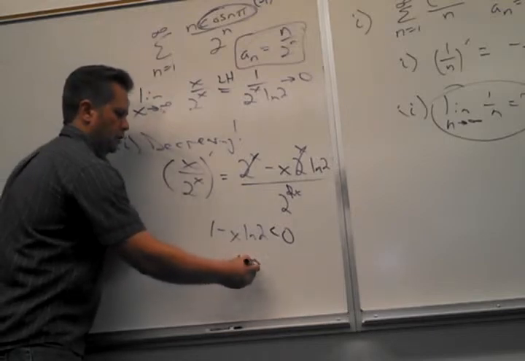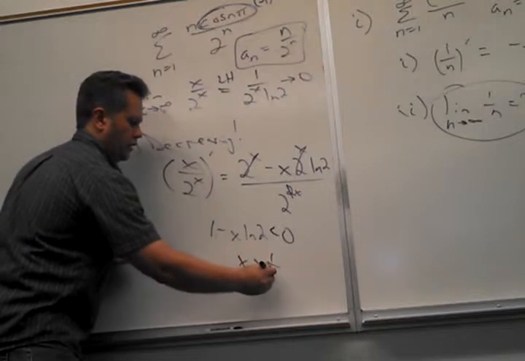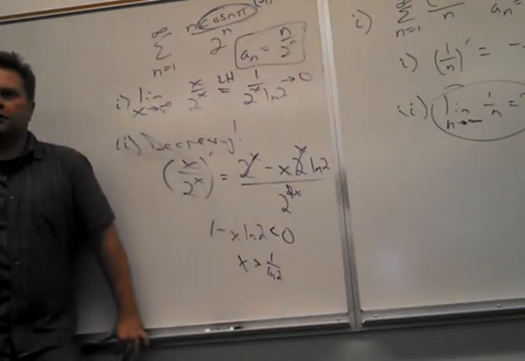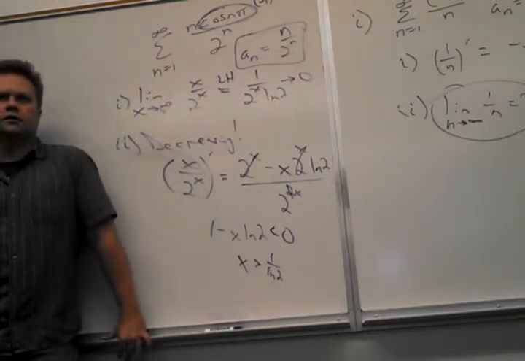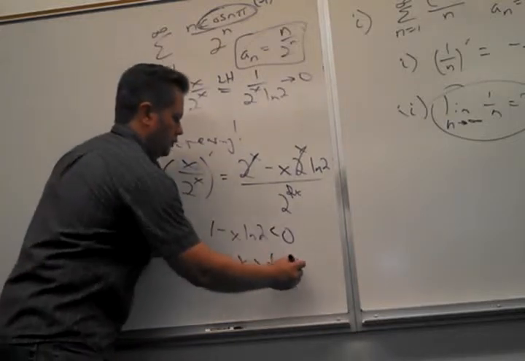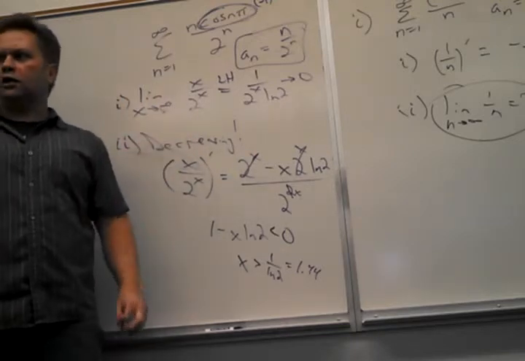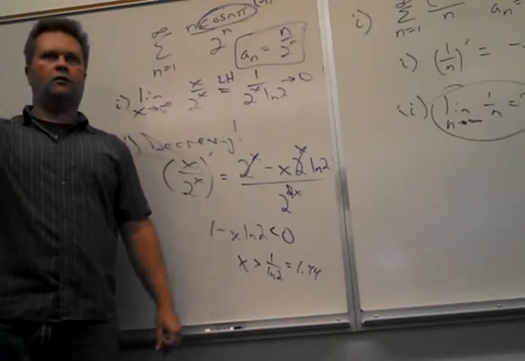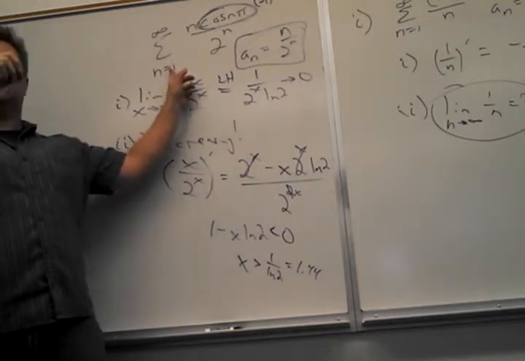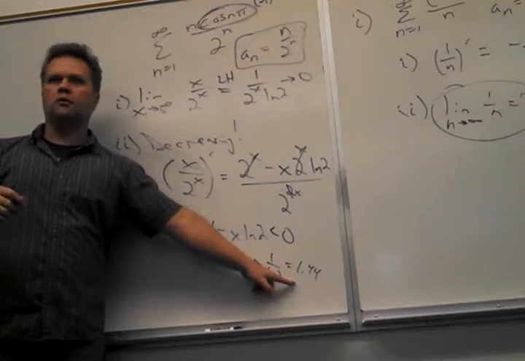So x has got to be bigger than 1 over ln 2. And what is 1 divided by the natural log of 2? Somebody help me out. 1.44? Cool, 1.44. So all it needs to do is be decreasing eventually. It's not decreasing from n equals 1 to n equals 2, but it is decreasing starting at n equals 2, because that's bigger than 1.44.